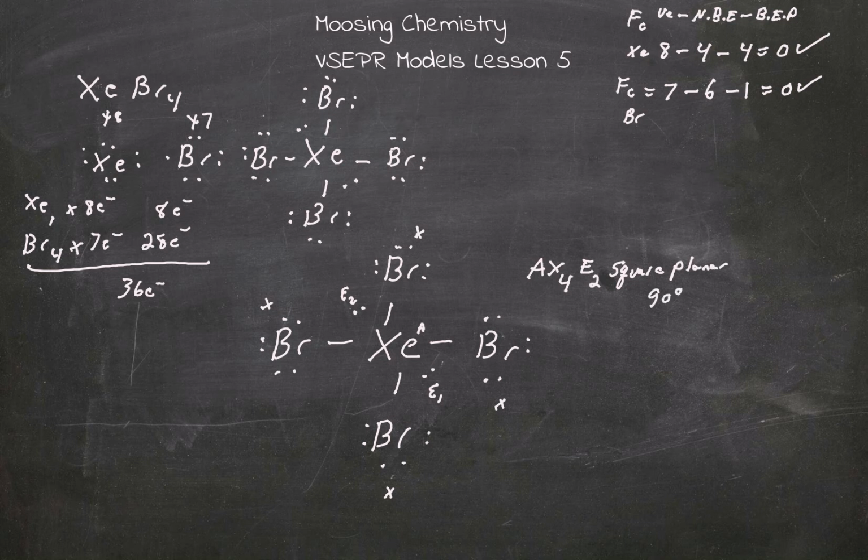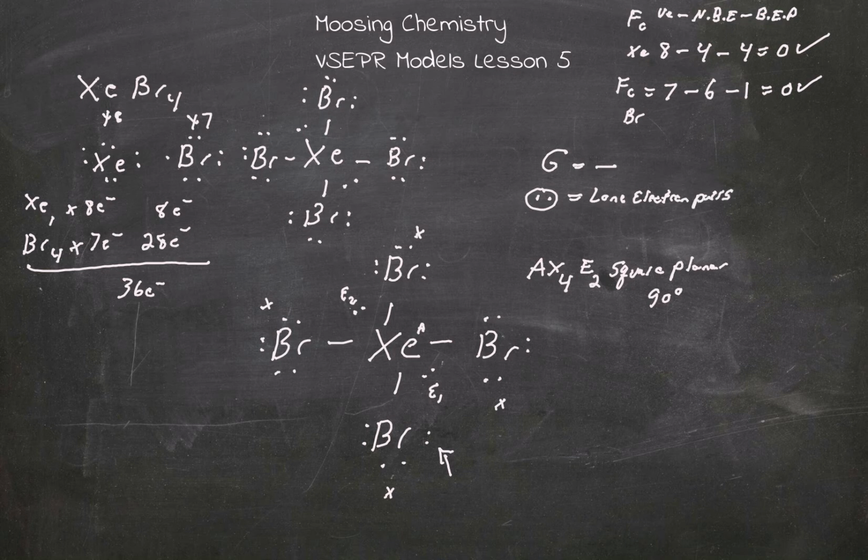Now, what about the hybridized orbitals for each of these atoms? Well, let's look at bromine first. Remember that hybridized orbitals use only sigma bonds, which represent the dashes, and unshared lone electron pairs.